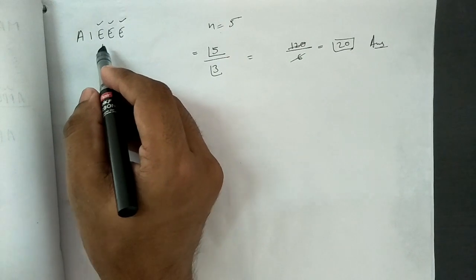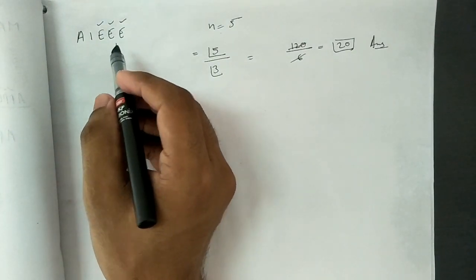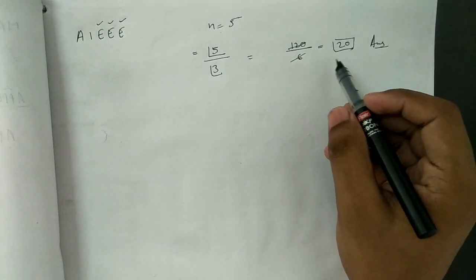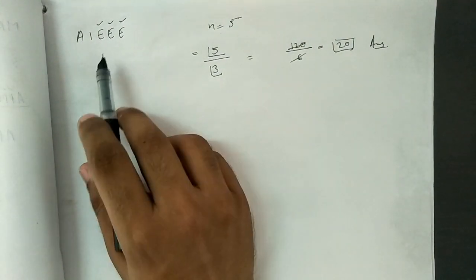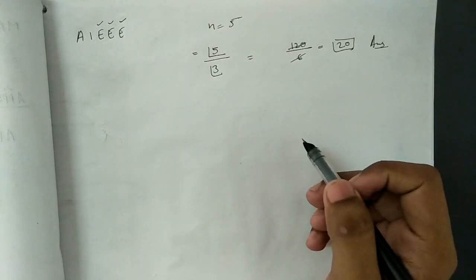So whenever there are the same letters present in the word, the total arrangement is reduced by dividing by the factorial of the number of repetitions.